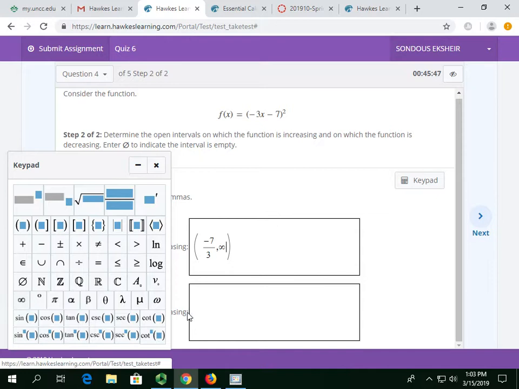Notice this time I actually put the negative on top, it'll take it. And then for the decreasing part, put my set of parentheses there, it is decreasing from negative infinity, so click on the negative and then the infinity button, comma, to the fraction, negative 7/3.